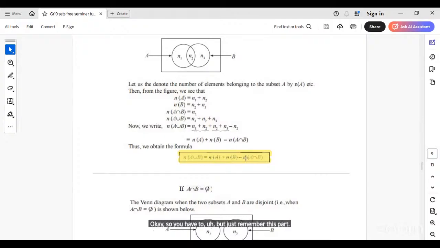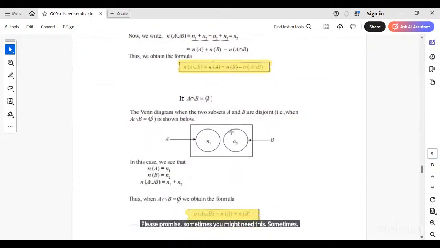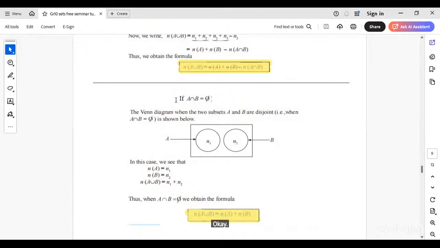Just remember this form, sometimes you might need it. Now the Venn diagram when two subsets A and B are disjoint. Disjoint means A and B are separate, there are no common regions. In this case, the number of elements in A is N1 and the number of elements in B is N2.